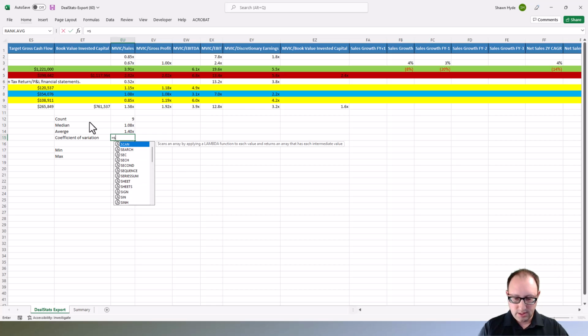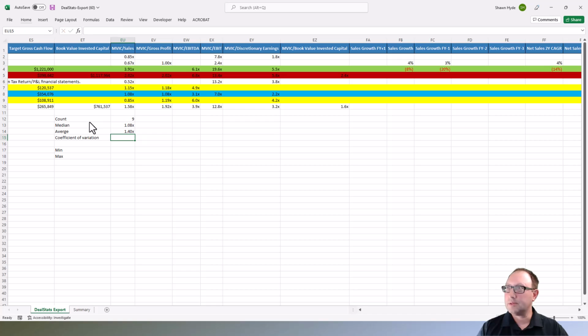Coefficient of variation is the standard deviation, equal to STDEV, there we go, that one. We'll select the group here, divided by the mean, or the average in this case. And I want that to be down to 2 decimal places. There we go. Equals min.